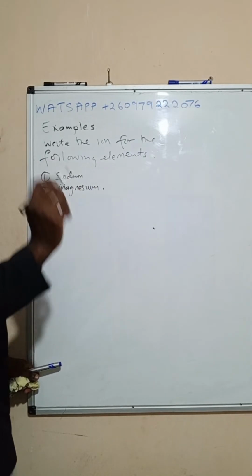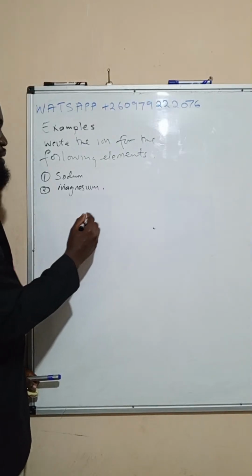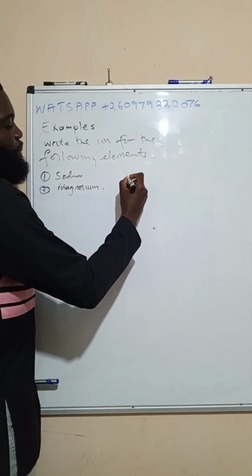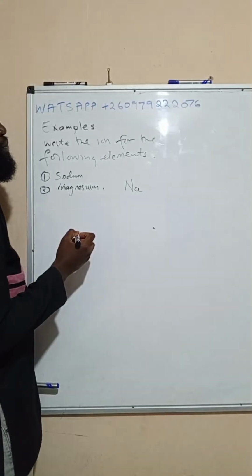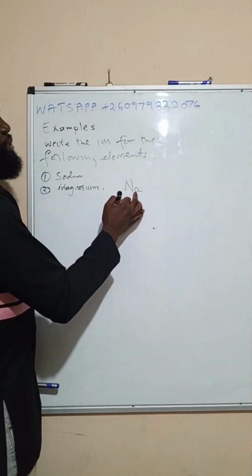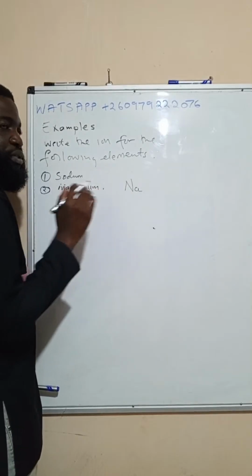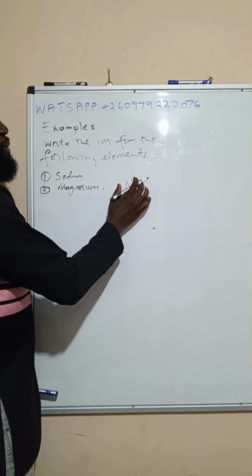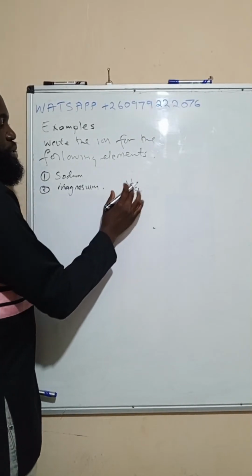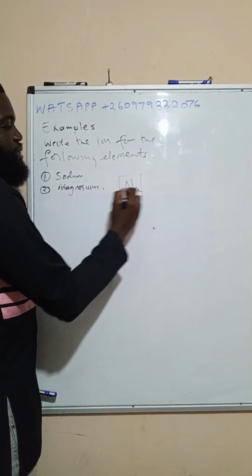When you check on the periodic table, the symbol for sodium is Na, meaning sodium. On top of the periodic table, you see this is sodium. It will look like this.